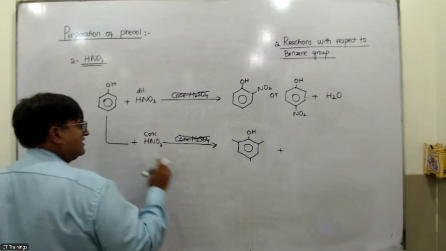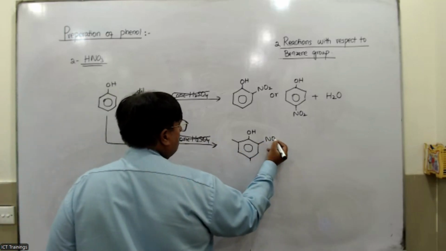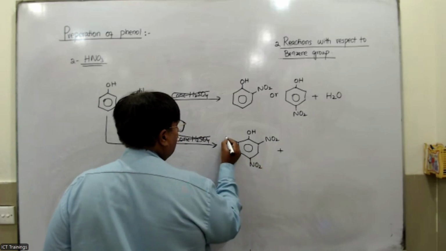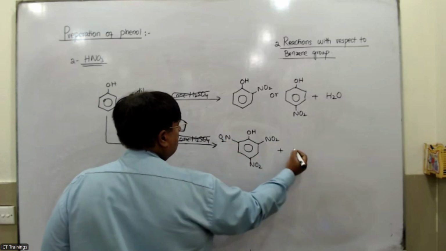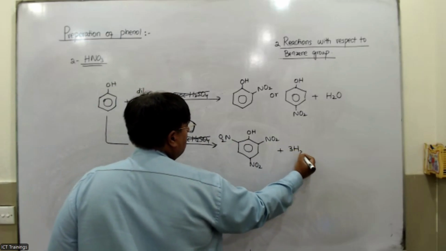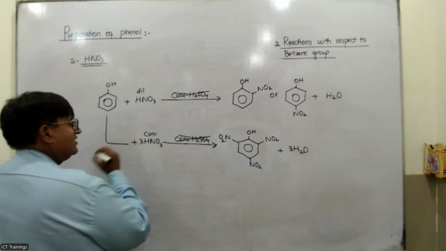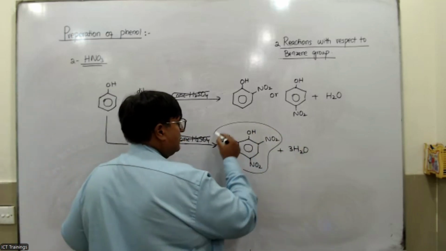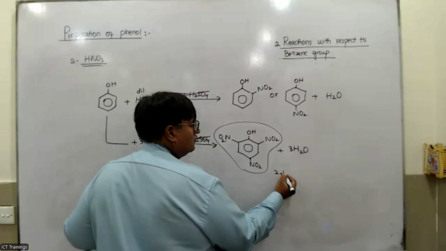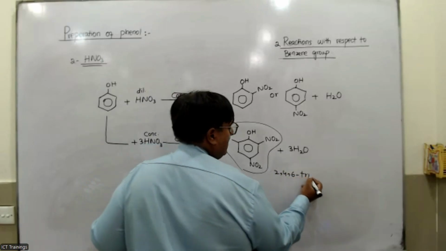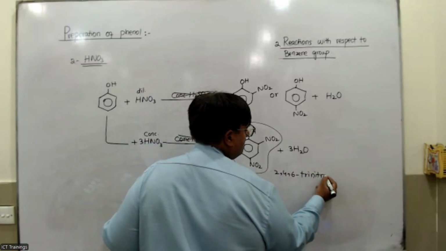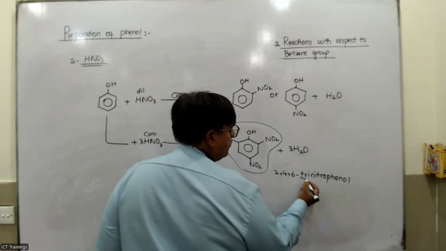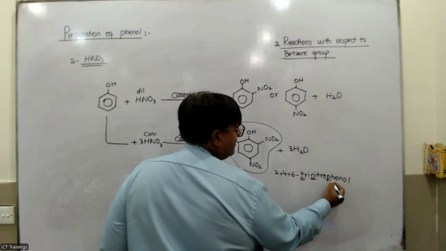Okay, so in that case, the NO2 group would be attached on all three of these carbons. Okay, and three water molecules are produced. So this thing formed, my dear, is called 2,4,6 trinitrophenol, and in short form it is called TNP.